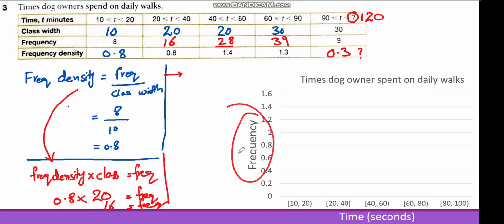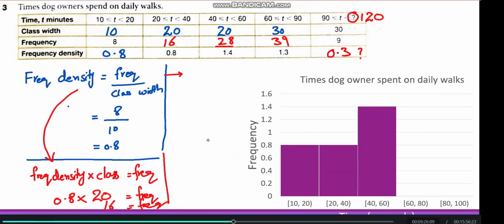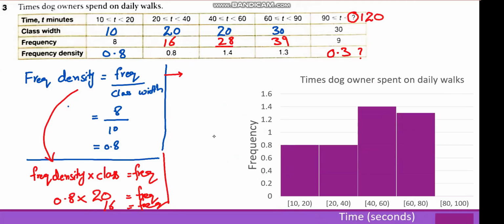And on the y-axis, there is frequency, and the histogram will be given a title, which is times dog owners spent on daily walks. So let's plot the bars. We consider the frequency density for the height in case of unequal class width. So look, it is on 0.8. Then again it's 0.8, then 1.4, then 1.3, and then it's 0.3.